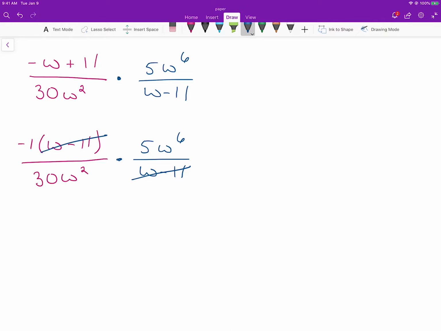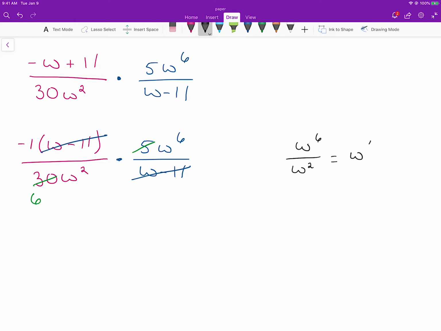And then I'm going to see, is there anything else that can simplify? Well, I have 5 and 30. I can cancel that and be left with a 6 because 5 and 30, that can reduce to a 6. And now if I look at my exponents, I have off to the side w to the sixth over w squared. And then when we divide with exponents, we're going to subtract.